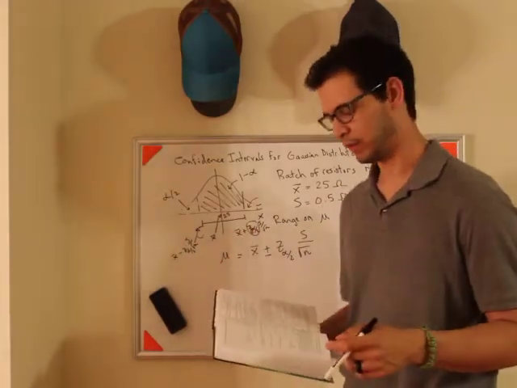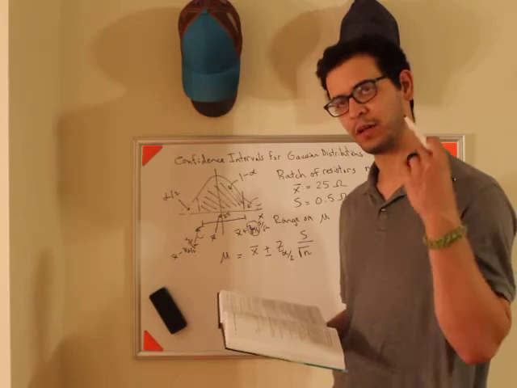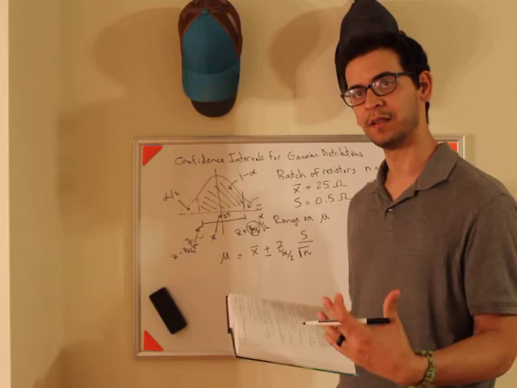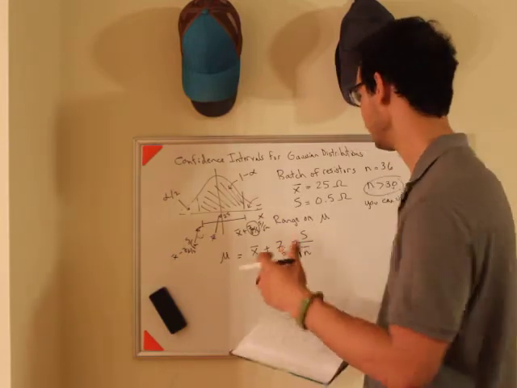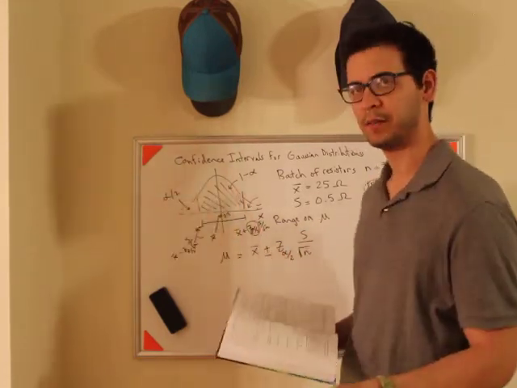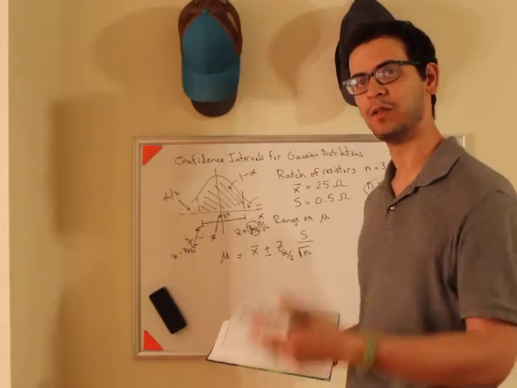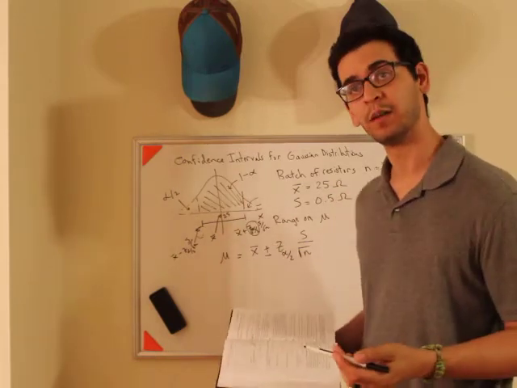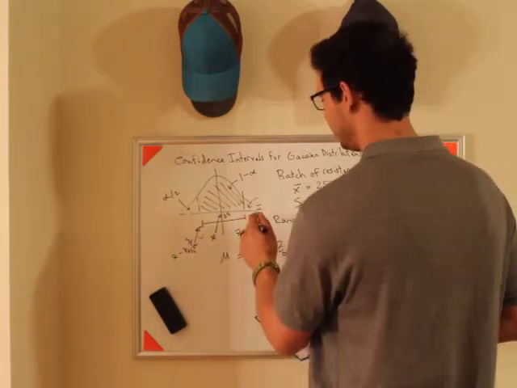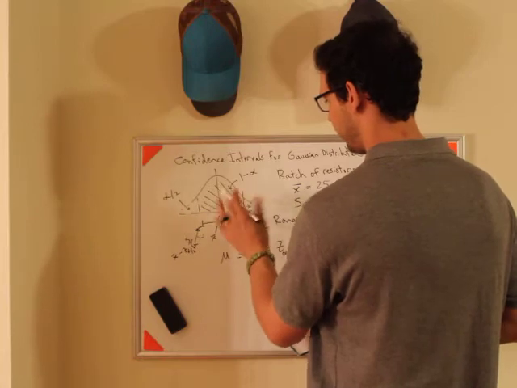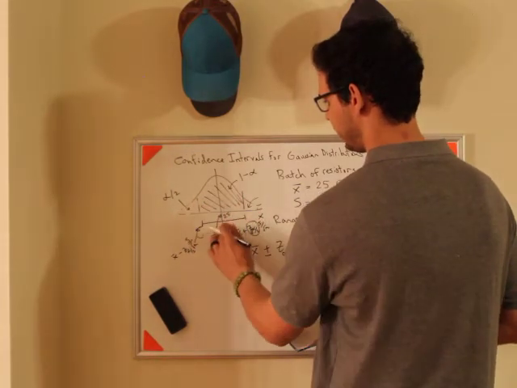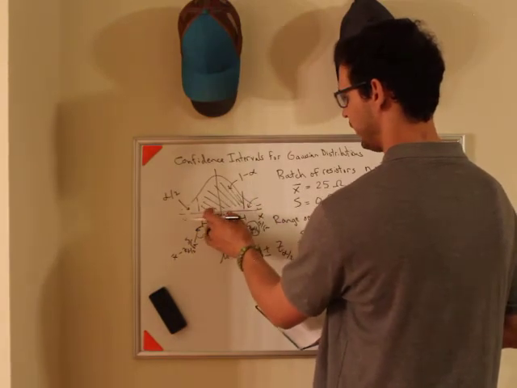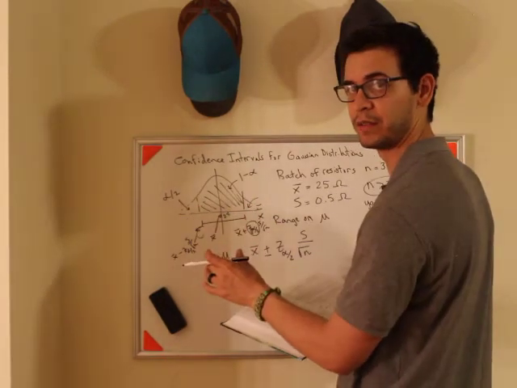Well, I told you in a previous video that the z distribution has a particular distribution that's always constant. The mean is 0 and the standard deviation is 1. And so if you do a change of variables and change your entire system into the z domain, then you can go into the table and figure out what these numbers are. So this here is centered at 0 and its standard deviation is 1.